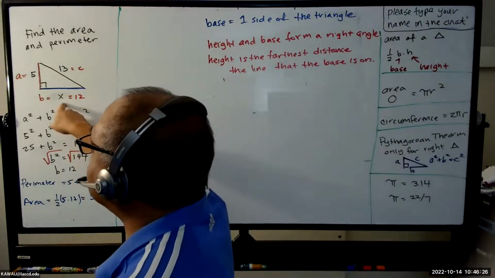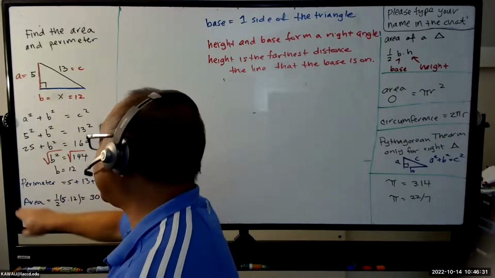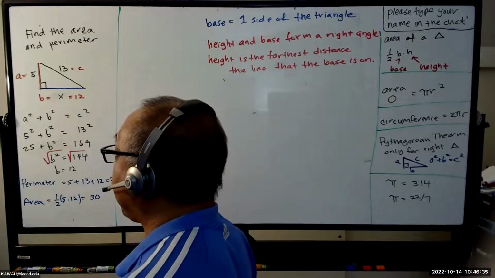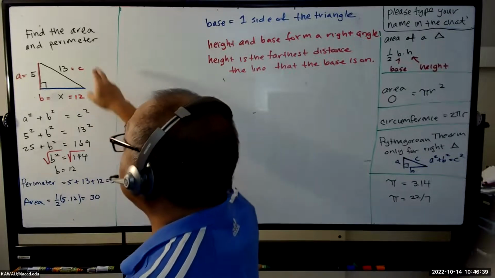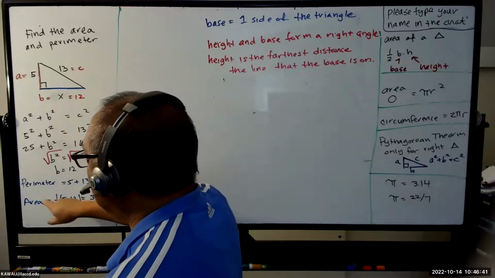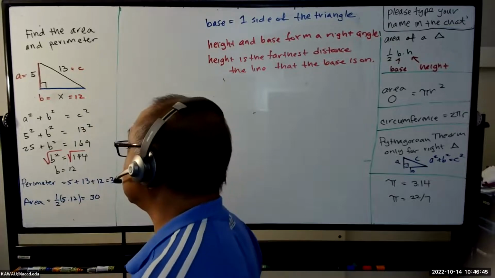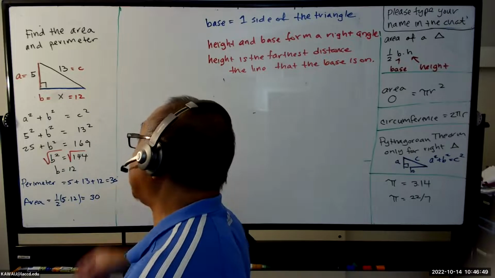They can ask you what is X, what the perimeter is, or the area. I doubt they'll ask you all three. So it's usually this one or this one. Yeah, but I don't think they'll ask you for both.